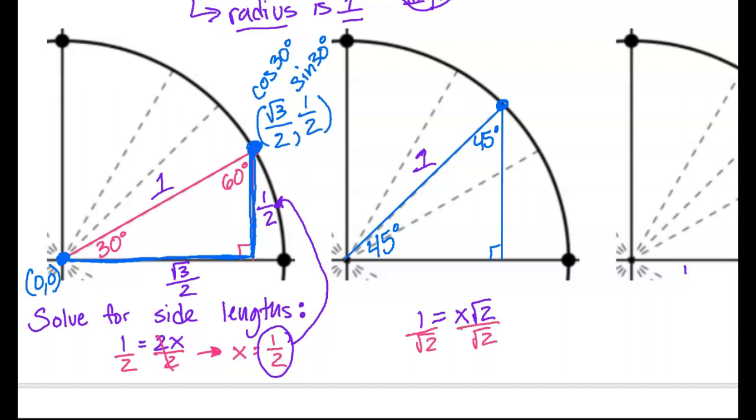Now, can we just say that x is equal to 1 over square root 2? No, right? We need to rationalize that denominator by multiplying by the square root of 2 over the square root of 2. So this leaves us with x being square root of 2 over 2. And this is the side length across from both of the 45.